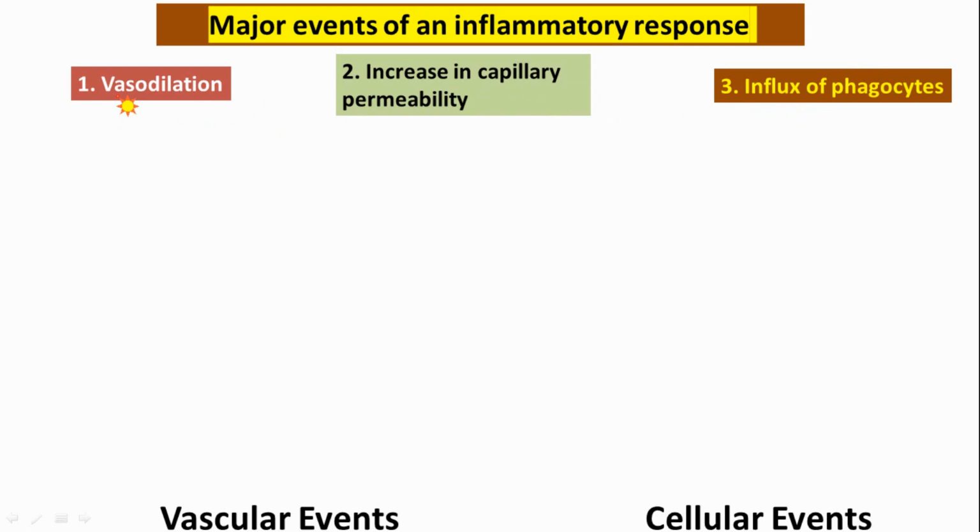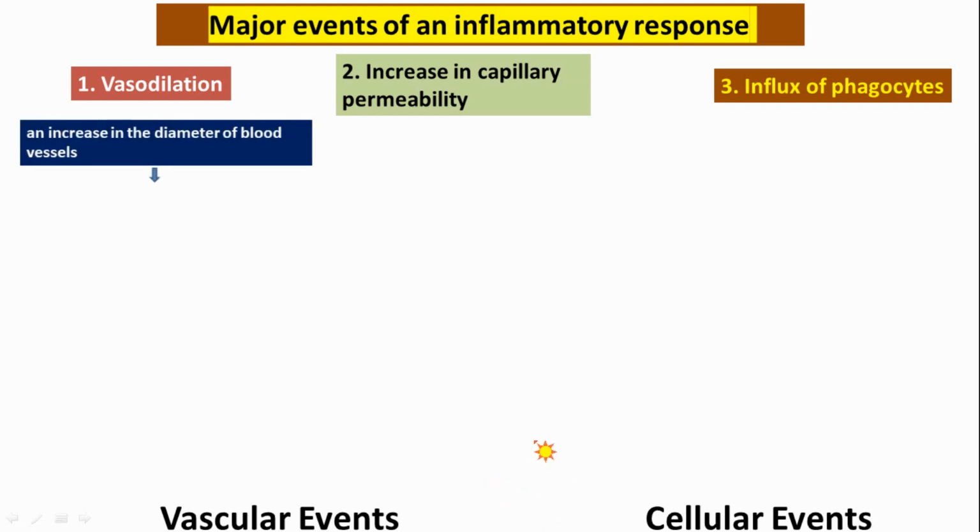The first two events, vasodilation and increased permeability, come under the category of vascular events, related with the vessels. The third one, influx of phagocytes, is called a cellular event. So these are the two major categories, vascular events and cellular events. When all these events are complete, the inflammatory process will also be complete.